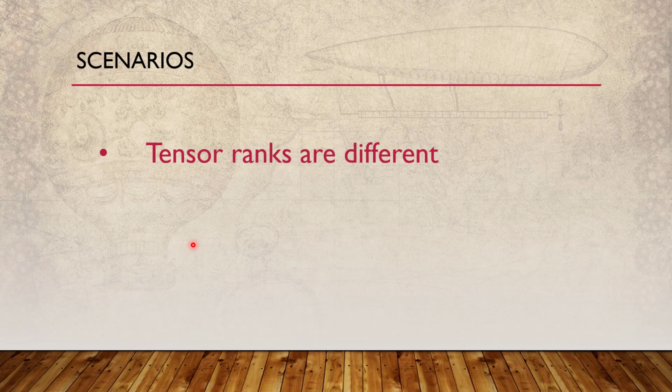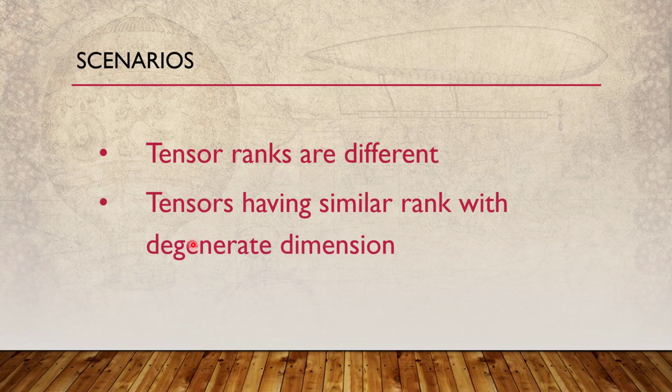Even if we want to add a 2D tensor with a 3D tensor, they are different rank tensors. The second is where the tensors have the same rank, but the dimension sizes are different, let's say 2 by 3 and 2 by 1. We'll talk about this degenerate dimension very soon in this video. Let us talk about how to approach these two scenarios one by one.